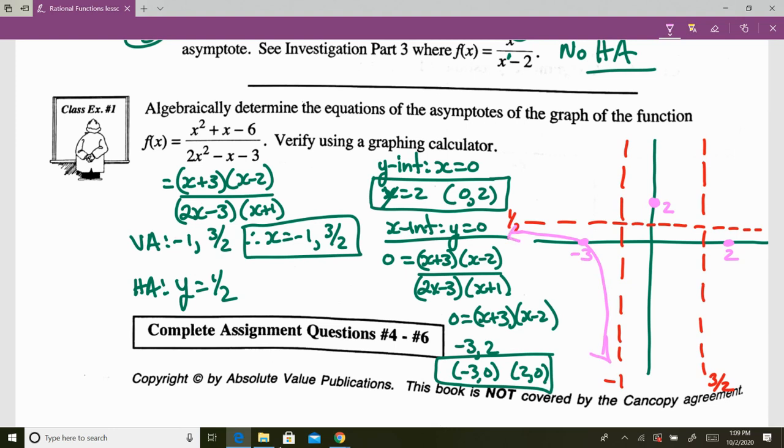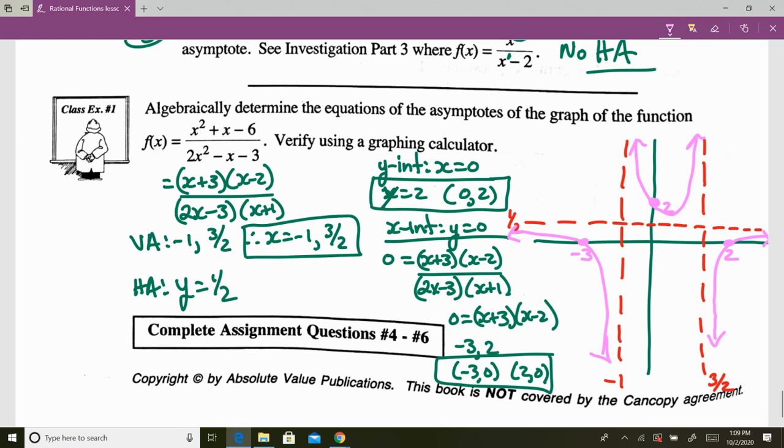This one over here, this 2, same thing. Has to go through that point. Can't touch any of those. So it looks like that. The middle one has to go through that point, but you can't touch anything. So it has to do a little mini parabola. It's not a parabola, but it looks like a parabola sitting in the middle there. Okay?